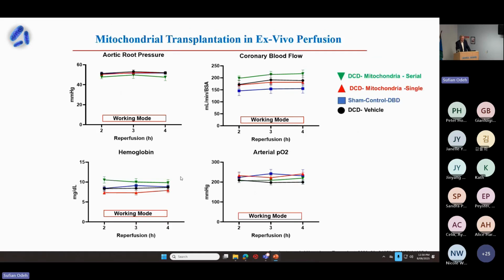So using that, these are just what we kept. These are the normals: the aortic root pressures, coronary blood flow, hemoglobin, and atrial PO2 were all maintained throughout the 4 hours.